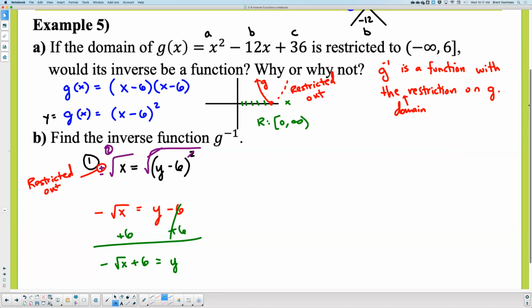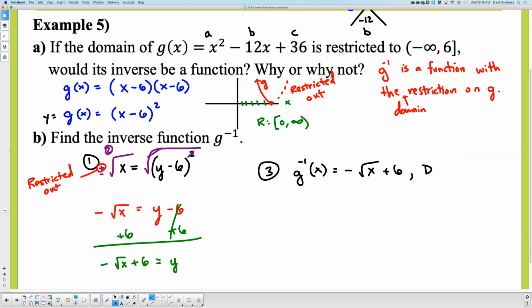So there's my equation. Once I have that done, I'm going to rewrite it. Step 3. Instead of saying y equals, we're going to use the function notation. So g negative 1 of x equals negative square root x plus 6. And what's our domain? Domain's the same.